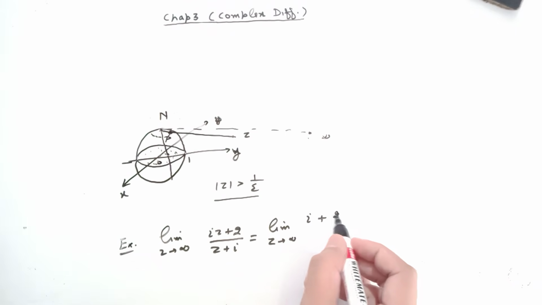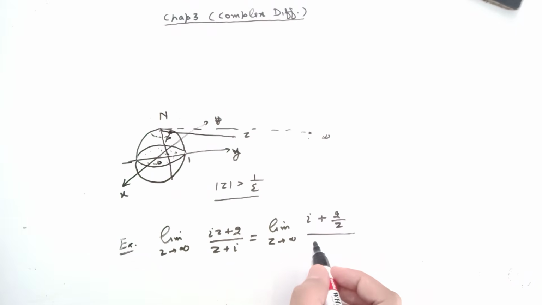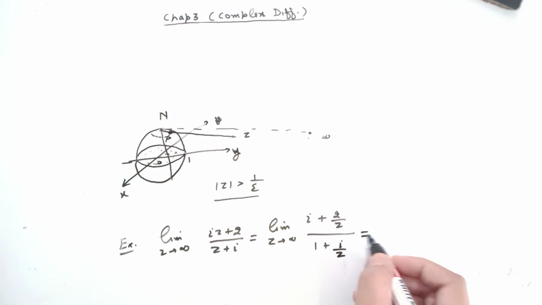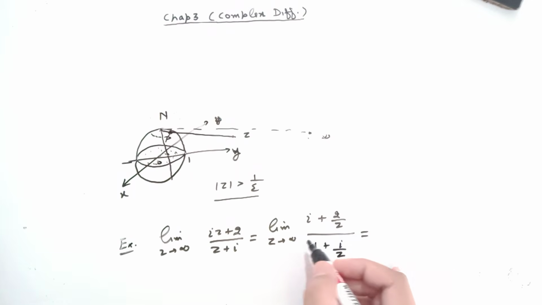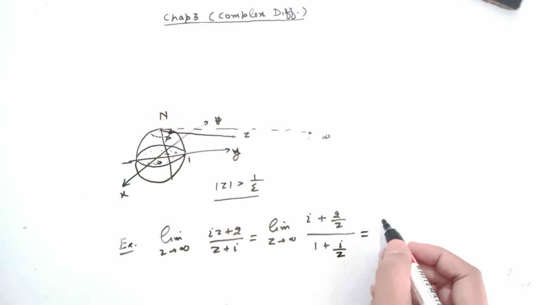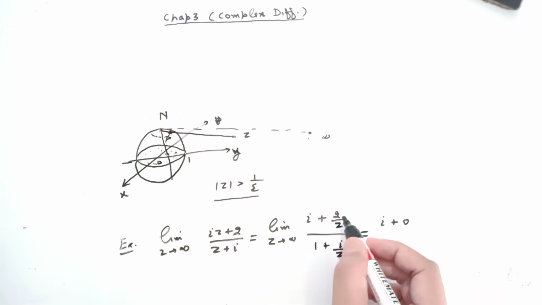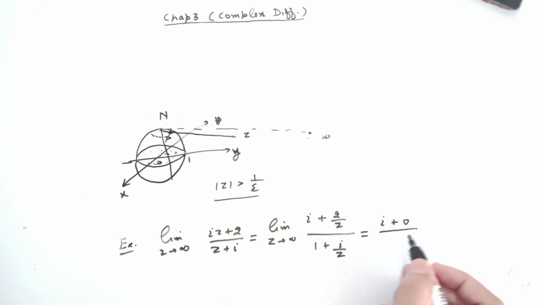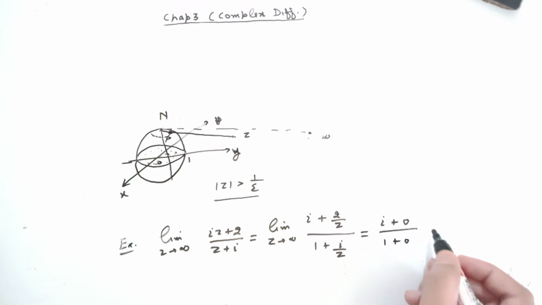So iota plus 2 over z divided by 1 plus iota over z. Correct? So if you apply the limit z going to infinity, what do we get? Iota plus 0, 1 over z goes to 0, 1 plus 0. So answer is iota. So this way you can deal with the limits involving infinity.